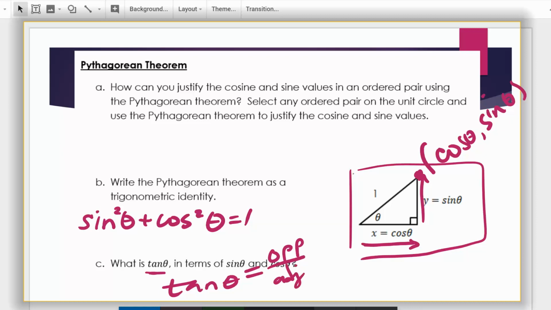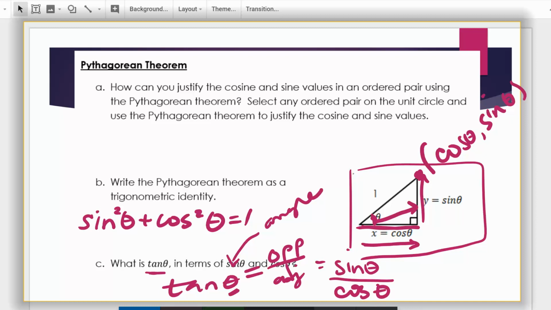Looking at the angle you're given, theta, the opposite side is sine theta, and the adjacent side is this side here, which is cosine theta. So, in other words, tangent theta is equivalent to sine theta over cosine theta.